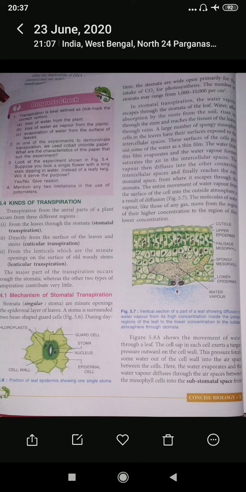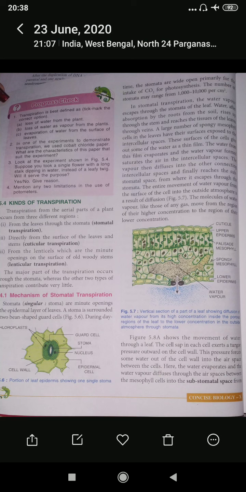When the loss of water as vapors occurs through the cuticle, it is called cuticular transpiration. The amount of water loss through this type depends upon the thickness of the cuticle. Obviously, if it is thick, the water loss is less, but transpiration becomes more with a thin cuticle. Cuticular transpiration may vary from 3 to 9% among different plants.